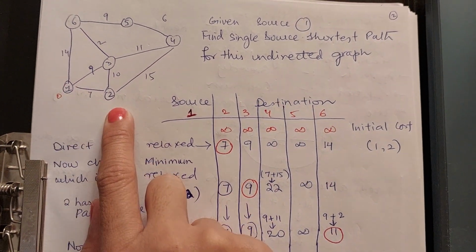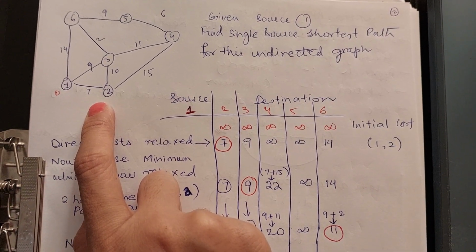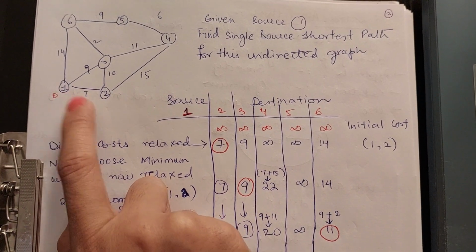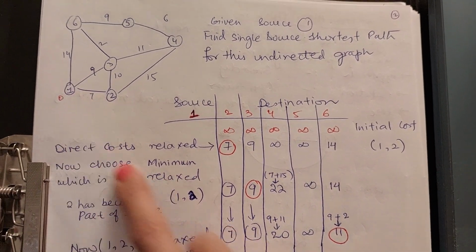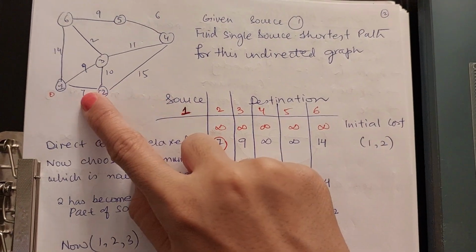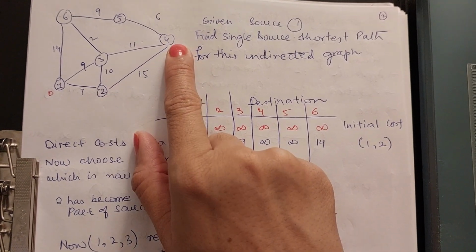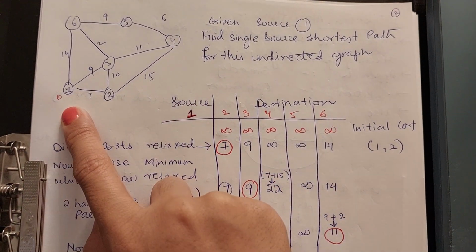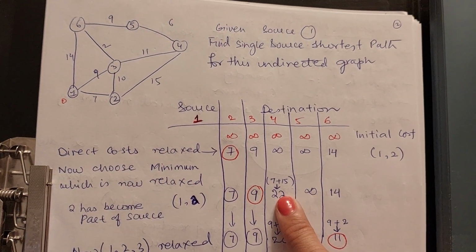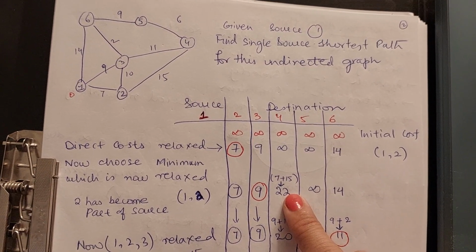So you always have to add this cost of 1 in every other cost, because if you are on 2, you initially reached 2 with the cost of 7, so you are going to add this 7 into the cost. 7 plus 15, 15 is the cost for reaching from point 2 to point 4, and 7 is the cost for reaching from point 1 to point 2. So this cost will be written as 22, not 15. Do not make this mistake.